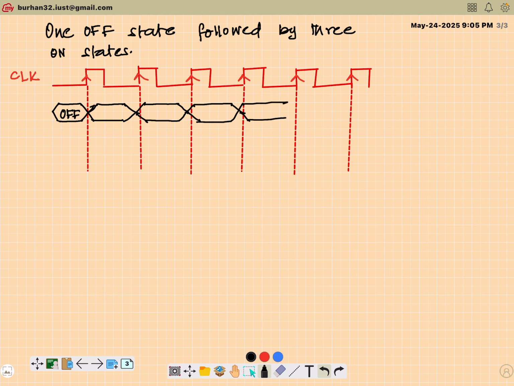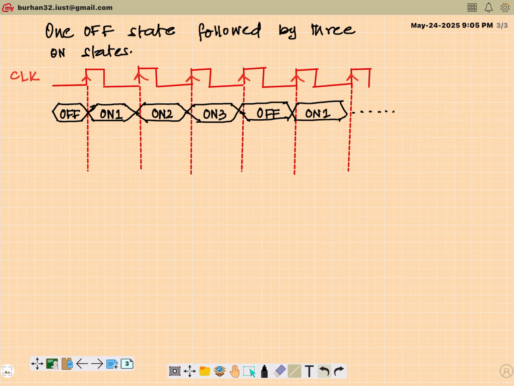Then somewhere here it changes. So it's something like this. Off, let's call this on 1, on 2, on 3. Fine. So for the 3 clock cycles, it's outputting a 1. Then it goes back to off, then again on 1, and so on.